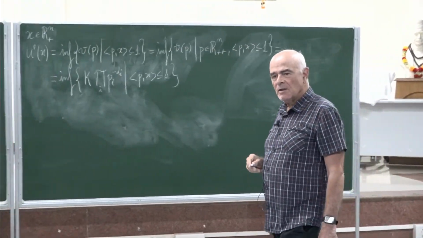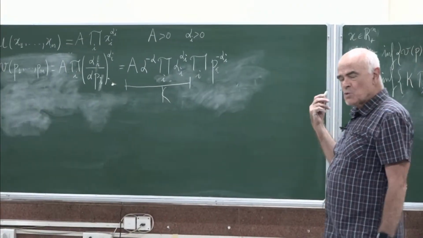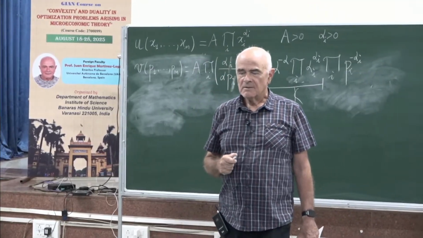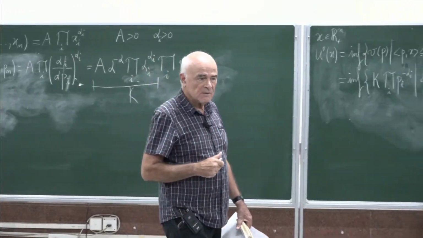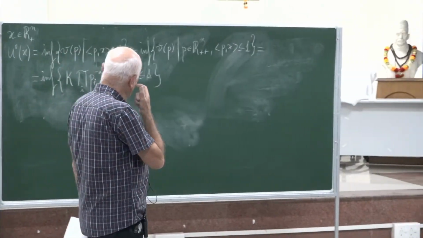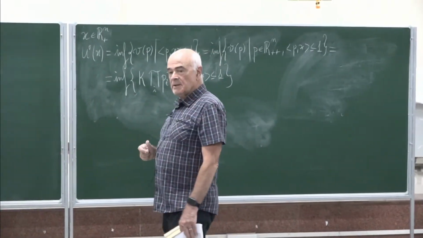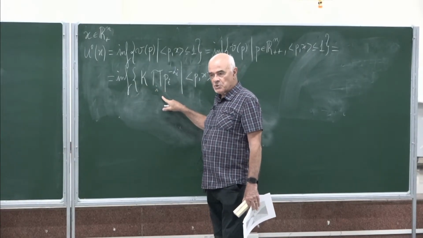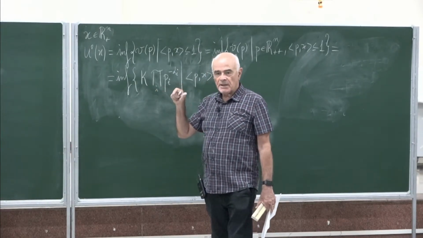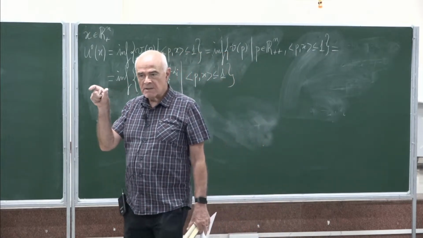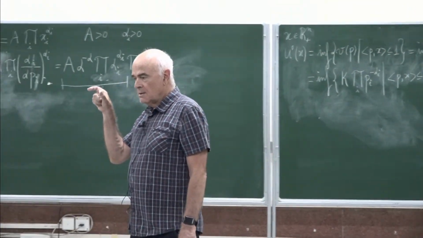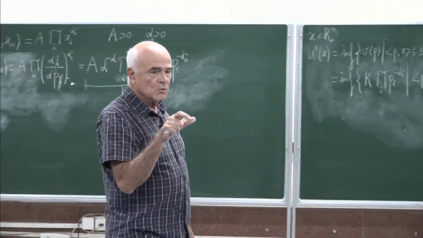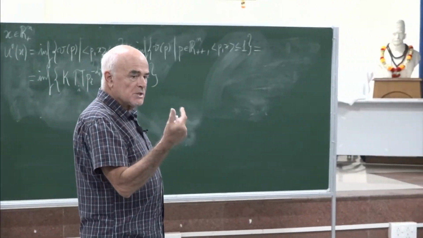Do you think there is any way to avoid it, to obtain the infimum of this function over that constraint set? The idea is that, okay, this is a positive valued function. Minimizing a positive valued function is equivalent to maximizing its reciprocal.